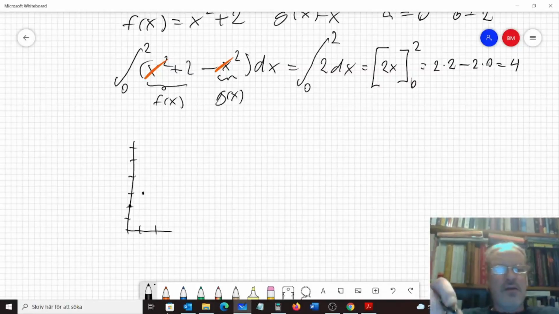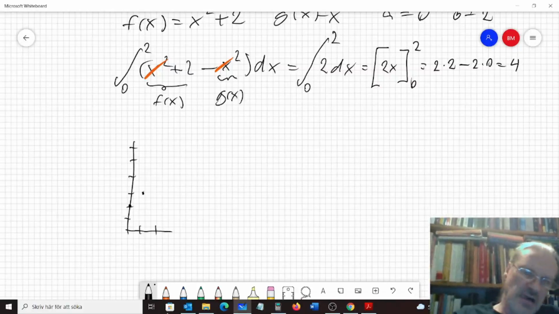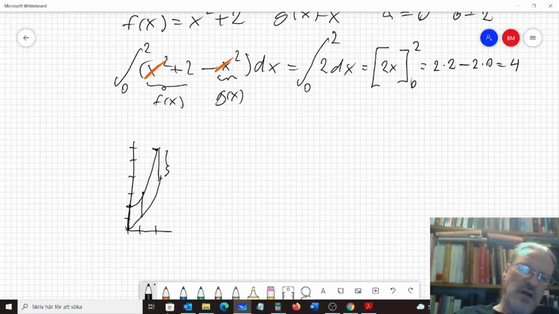And 2 gives us 2 squared, that's 4, plus 2, that's 6. So the graph looks something like this, and the x squared curve, we know, will just be something like this. And the distance between these two curves will be constant, and that is 2.